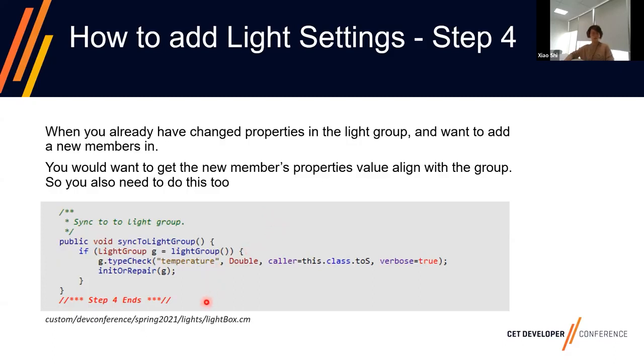And then you need to do the init or repair so that the light group will update the gprop inside of it and synchronize itself to the other members. Yep, and then up to now, you have successfully set up your light group, and now your light box will behave the same as the lights in CET.